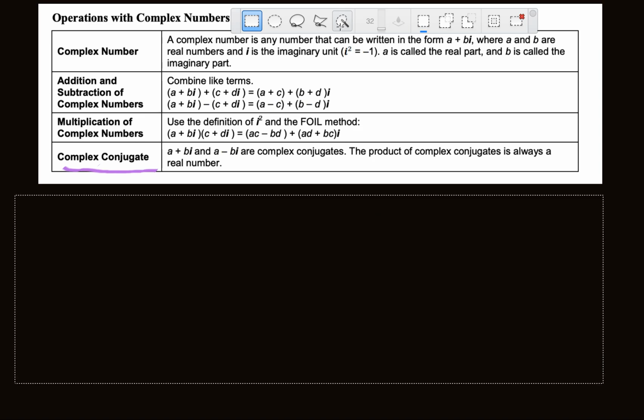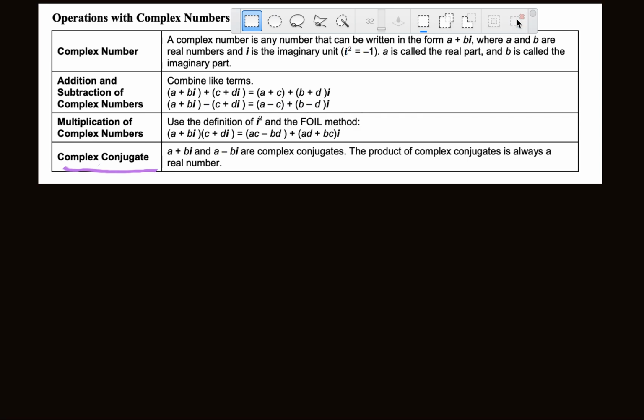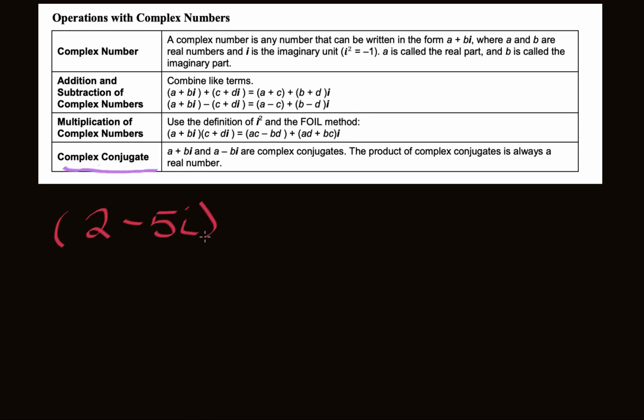Good part about multiplication is it's basically FOIL. That's all it is, FOIL. And so when you're given something as simple as 2 minus 5i times, and they put a multiplication symbol in the middle, but you don't have to.